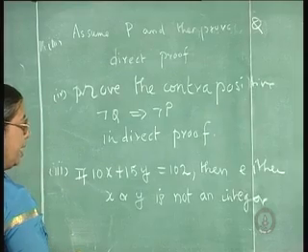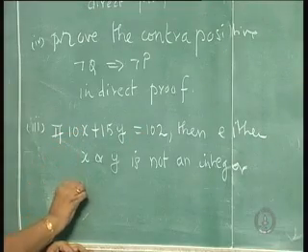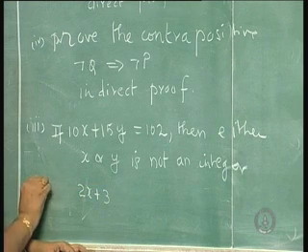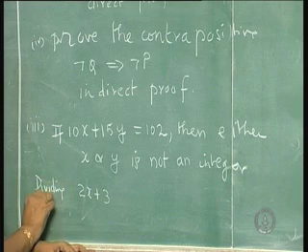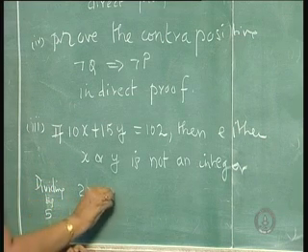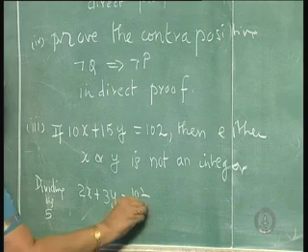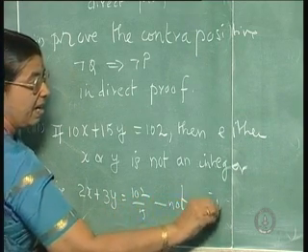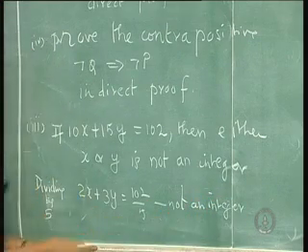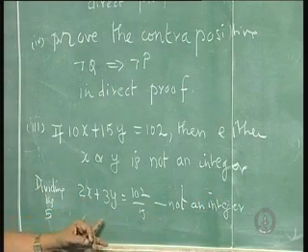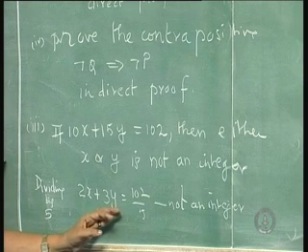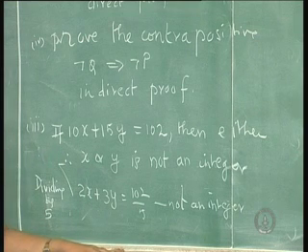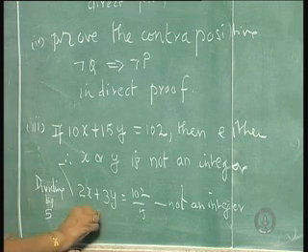You can easily see that dividing by 5, this will be 2x plus 3y is equal to 102 by 5. It is not an integer. Therefore, either x or y is not an integer. This sort of a proof is called a direct proof.